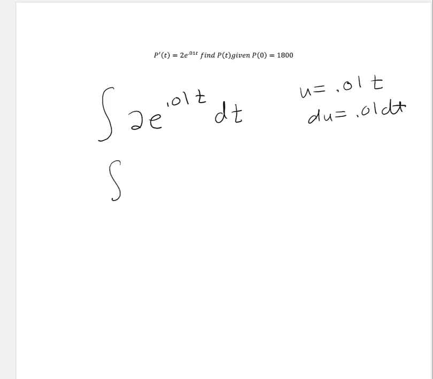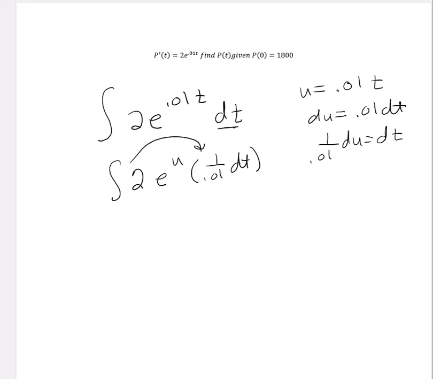Here I have the integral of 2e to the u, because we said u is 0.01 t. Now the dt, I don't have the 0.01, so I'm going to do 1 over 0.01 du is equal to dt. So let's write that, 1 over 0.01 du. Before I start, let's go ahead and put together this 2 with the 0.01.